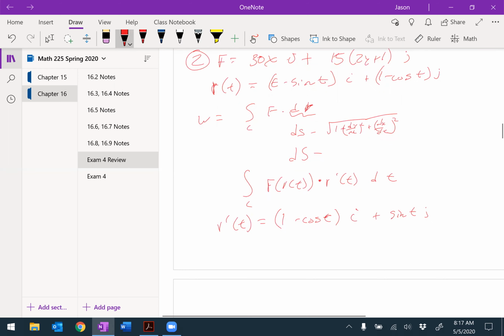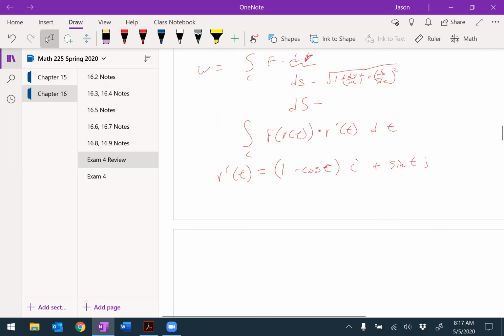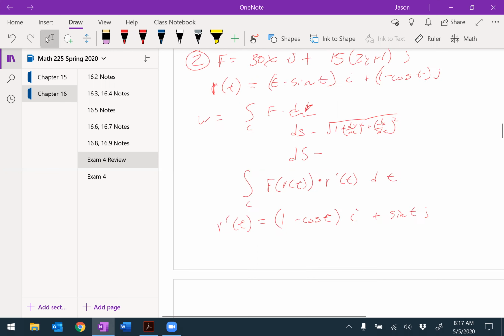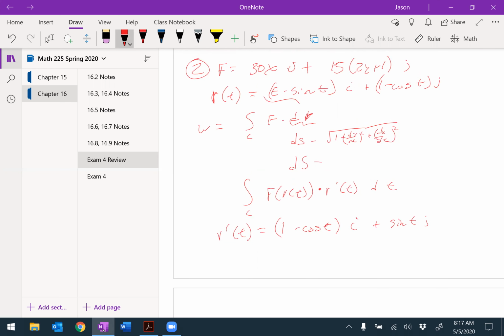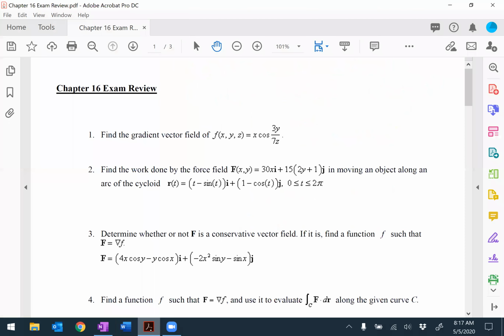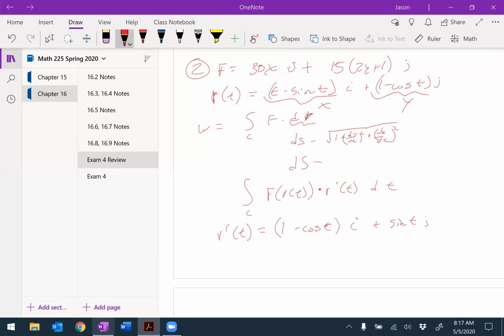Okay, so now we're going to put it together. F is 30x, and what is x? x is this guy here, and y is this guy there. So we're going to put this together. And what is t going from? Well, they tell me in the problem, t goes from 0 to 2 pi.